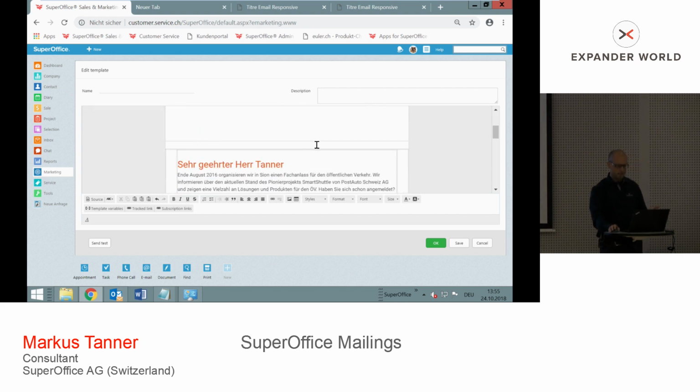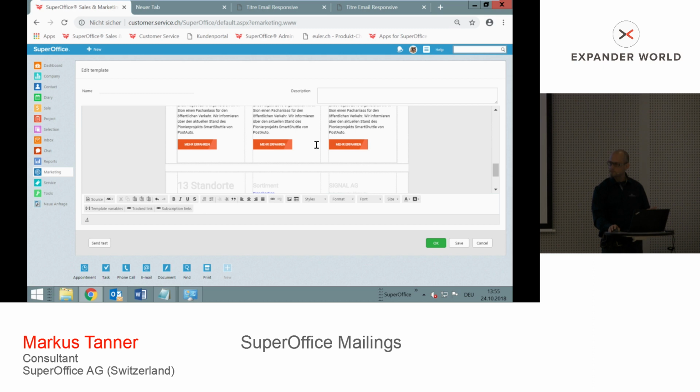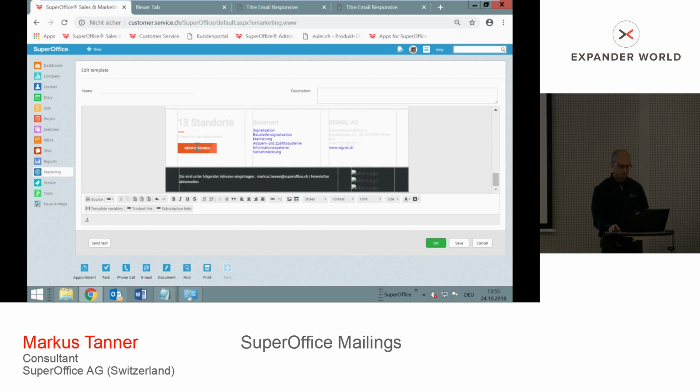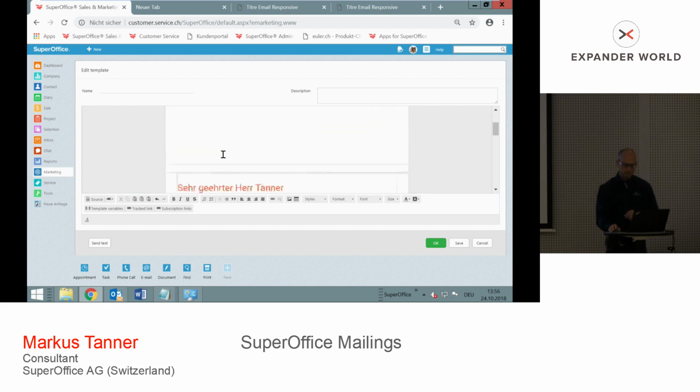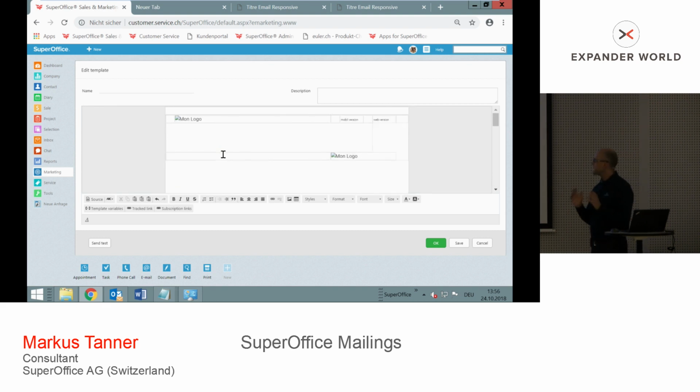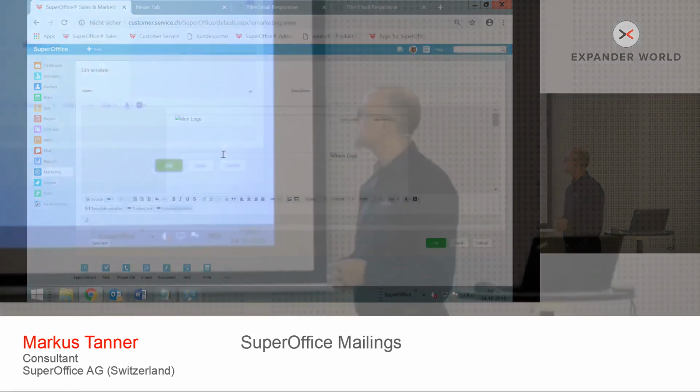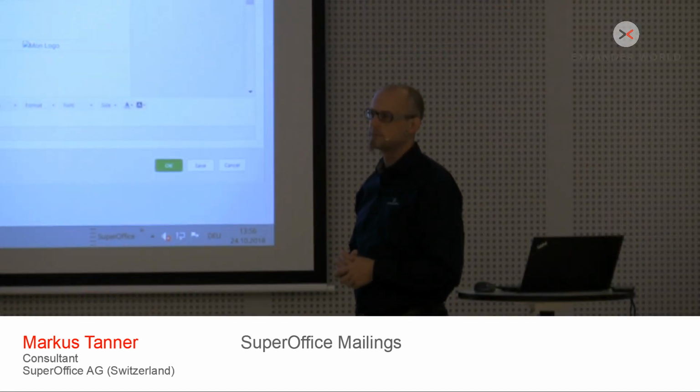I see I get all the text already, I get all the buttons, but what I don't get are the pictures. And the pictures need to reside inside SuperOffice, because we want to view that mail also in the browser, right? And that will then get the pictures from our SuperOffice image library.